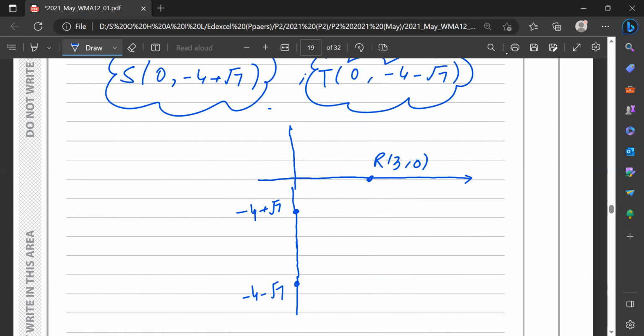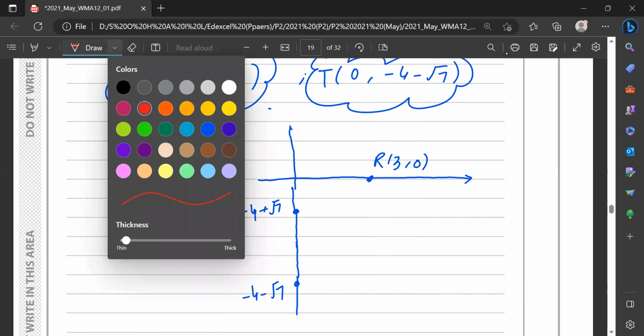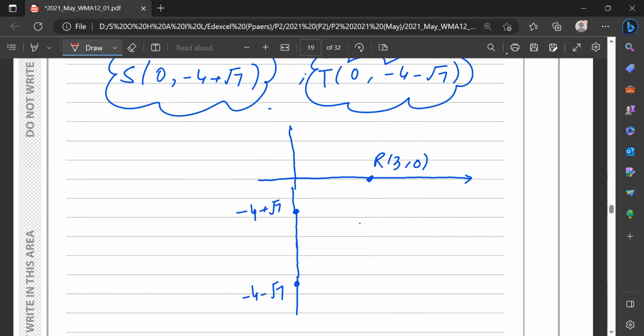You can verify through calculator, and by drawing these points R, S, and T, we have the triangle.